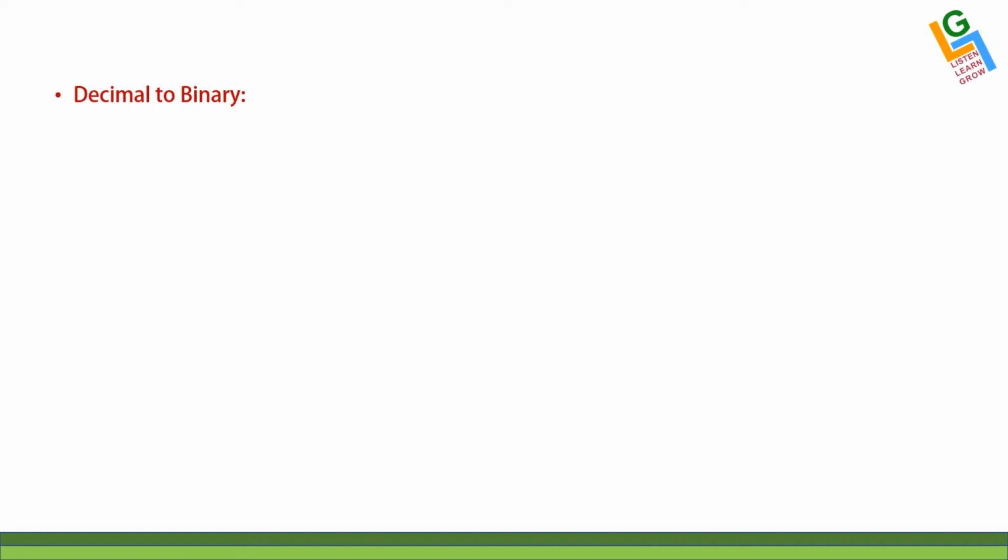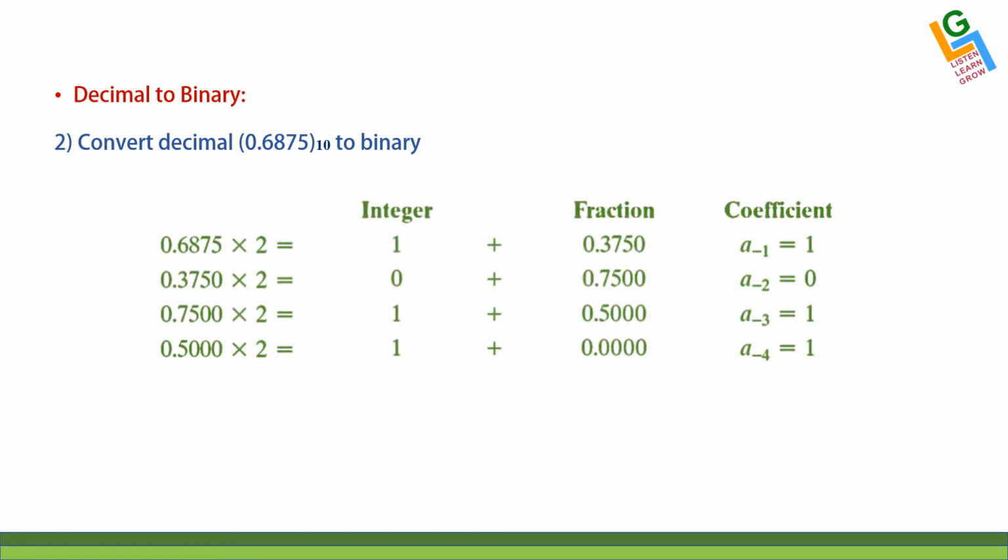Again, decimal to binary. Here we are going to convert a decimal fraction to binary. First, the number is multiplied by 2 to give an integer and a fraction. Then the new fraction is multiplied by 2 to give a new integer and a new fraction.